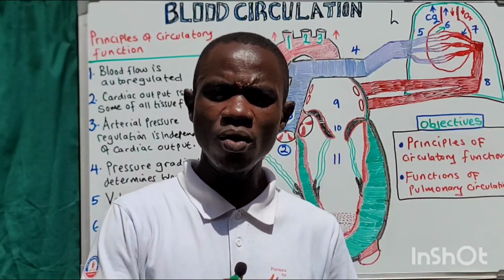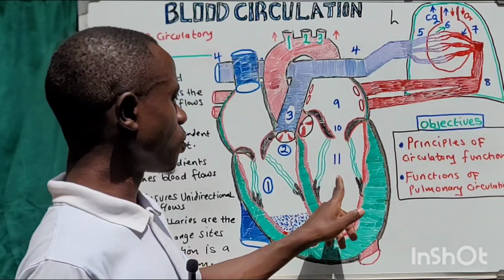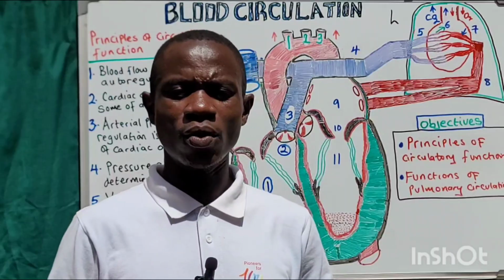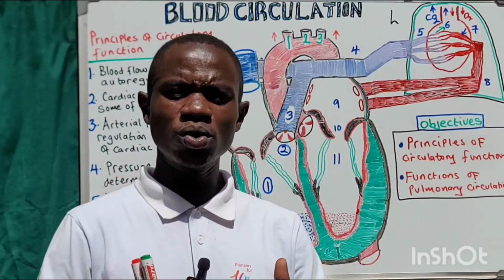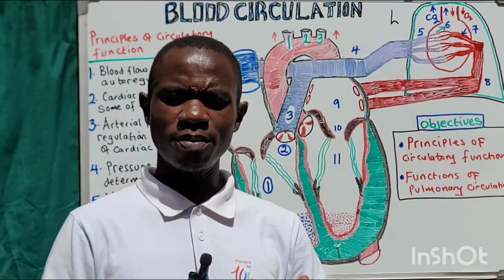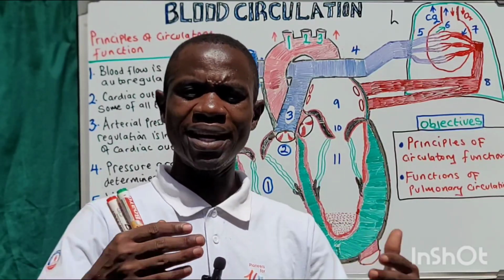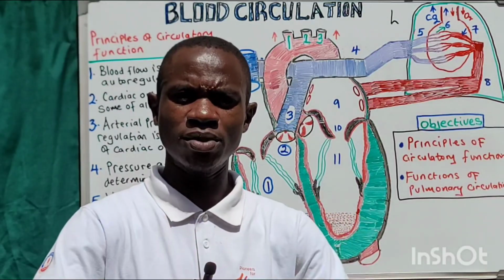So how is the blood going to move in the blood vessels? Let's say, for example, the blood moves from the left ventricle into the largest artery, which we call the aorta. It will move into smaller arteries. From the small arteries, this blood will move into the arterioles. From the arterioles, the blood will go into the blood capillaries for exchange of different substances.